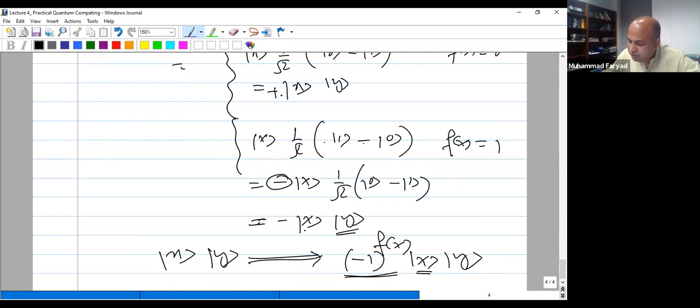So if f of x is 0, we get plus. If f of x is 1, we get minus. So in general, the role of this oracle is that it multiplies the output with minus 1 power f of x.